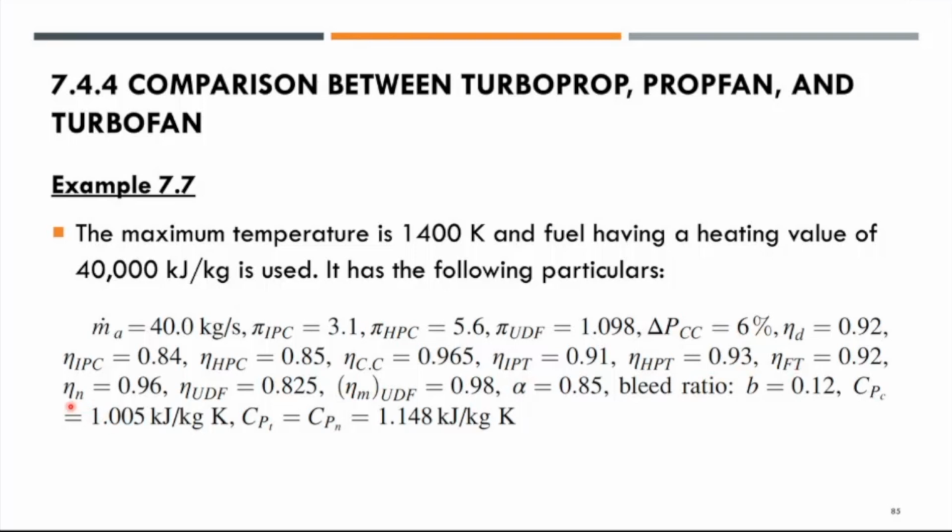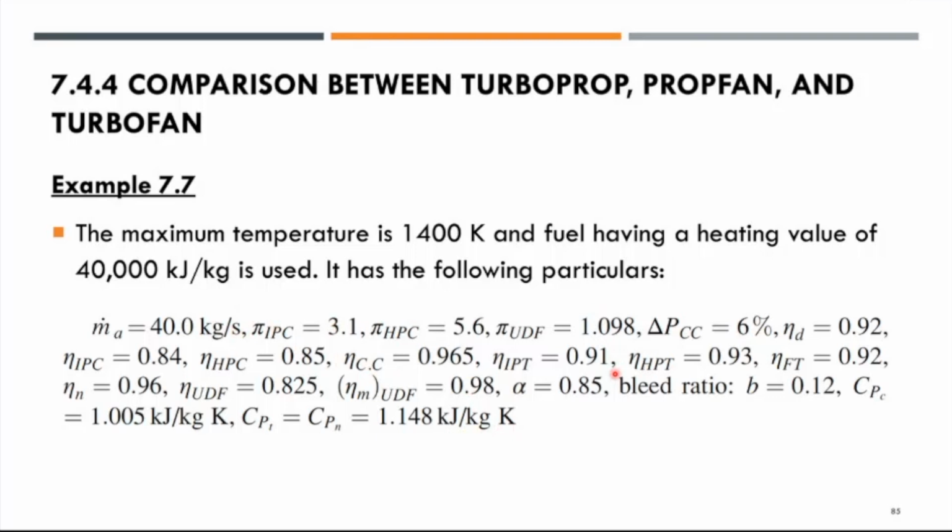Then you have the efficiency of the engine itself, zeta n, the efficiency of the unducted fan, the mechanical efficiency of the unducted fan, alpha, the bleed ratio B, and the specific heat ratio at constant pressure for the combustion chamber and for the turbine, and the nozzle itself, 1.148 kilojoule per kilogram Kelvin.